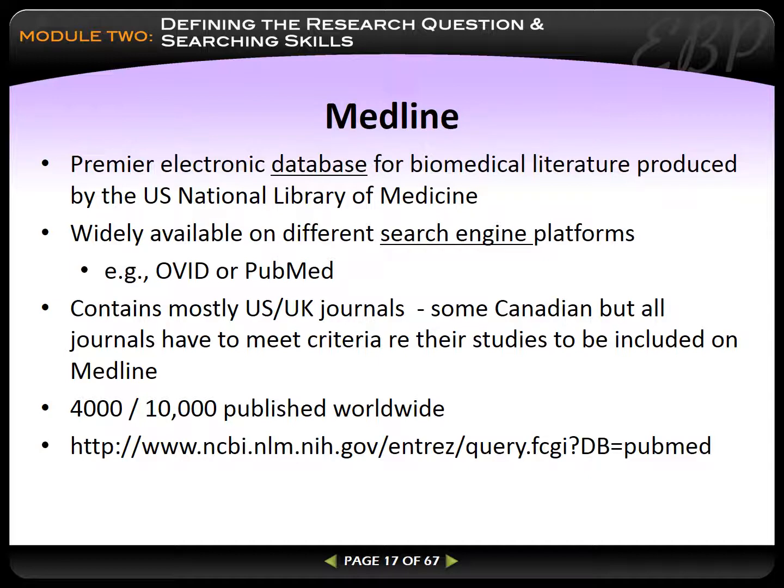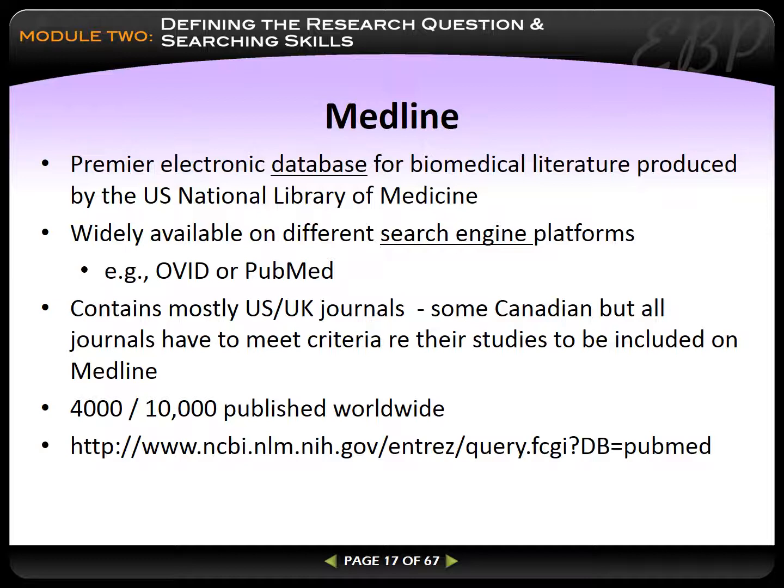When we think about Medline, which I said is the largest electronic database for biomedical literature, it's produced by the U.S. National Library of Medicine. It's widely available on several different search engine platforms, such as Ovid, which you can find at the University of Toronto Library, or PubMed, which you can find as a search engine on any website.